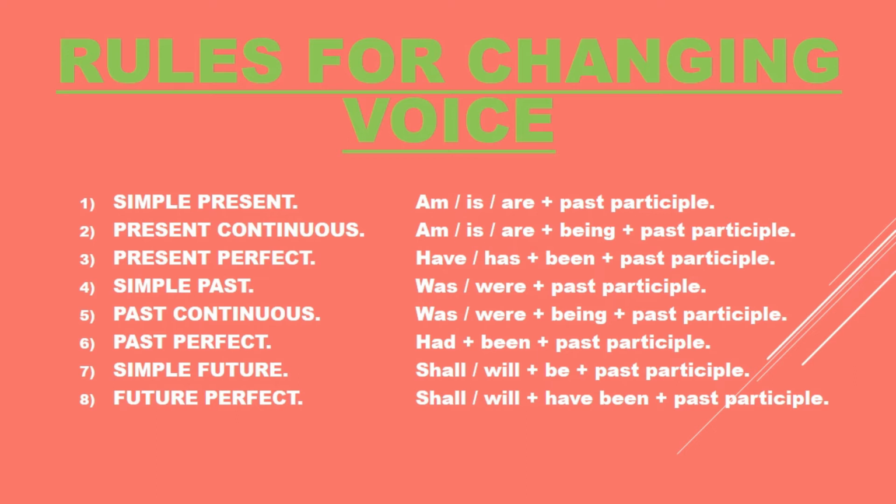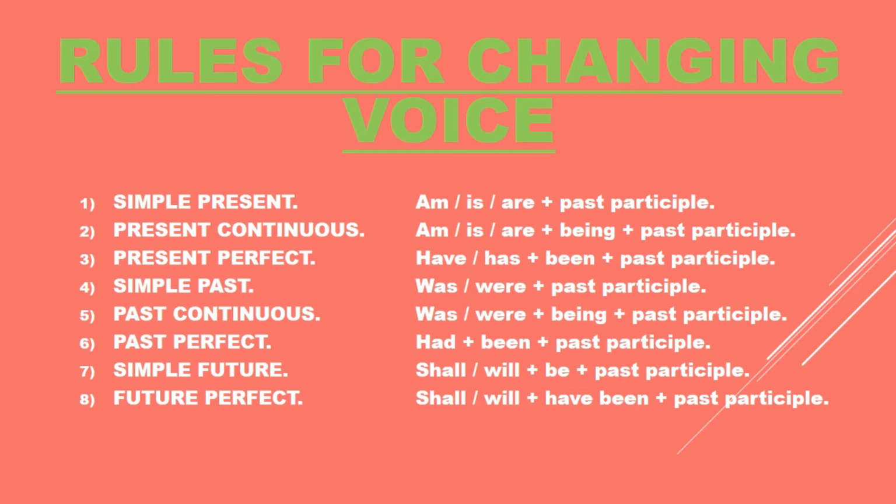Like in case of simple present tense, after changing the object into subject, we have to use any one of these 3 auxiliary verbs. That is, there will either be am or is or are, and it will be followed by the past participle form of the verb given in the active voice, or the third form of the verb given in the active voice.